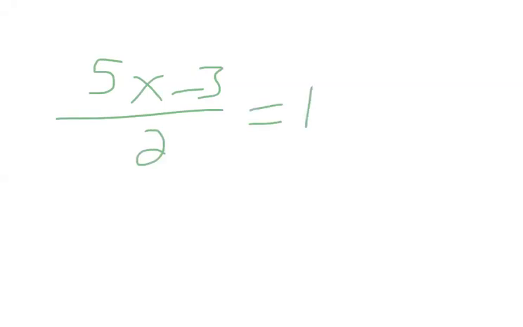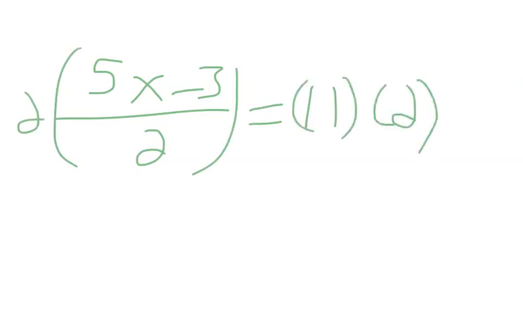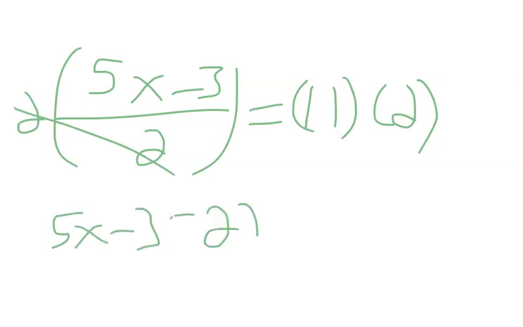Let's move on to this one. 5x minus 3 divided by 2 is going to equal 11. Again, just multiply this whole thing by 2. And you also have to do it to the right side. If you do it to the left, this will cancel out. You're left with 5x minus 3 equals 11 times 2, which is 22. All right, now it's one of those simple equations again.